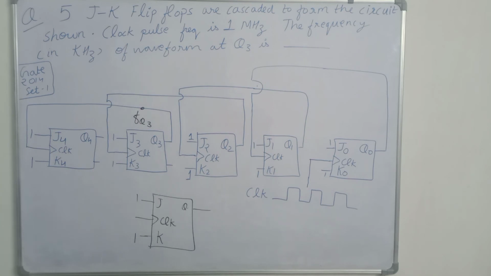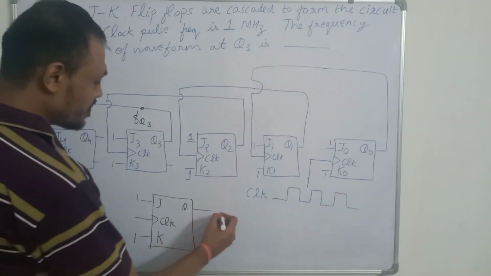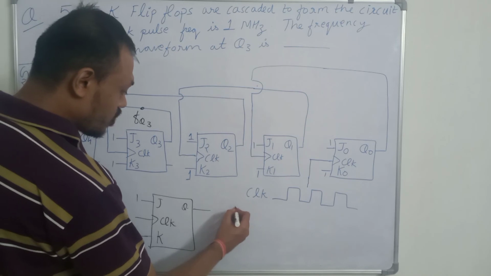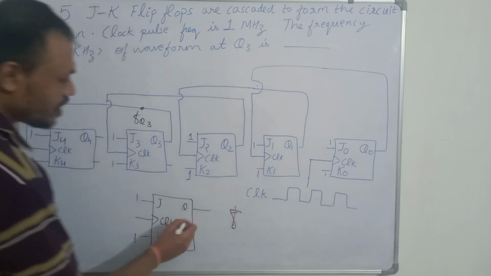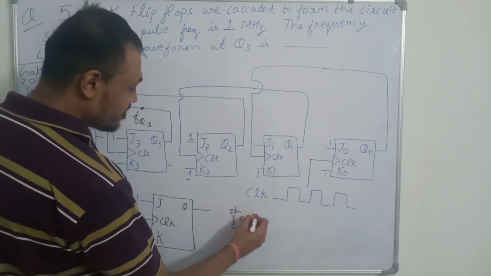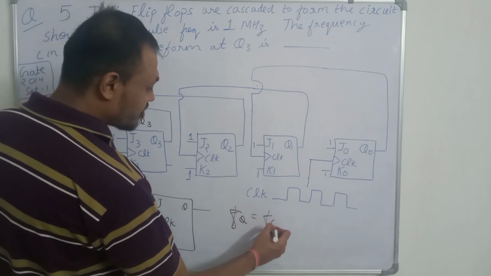What we mean by divide by 2 is that the frequency of the output Q is equal to 1 by 2 of the clock frequency.